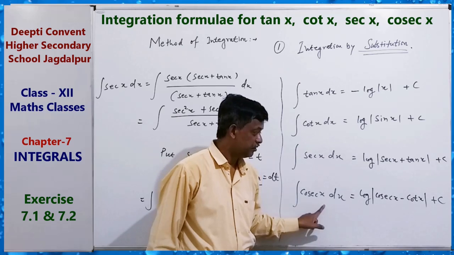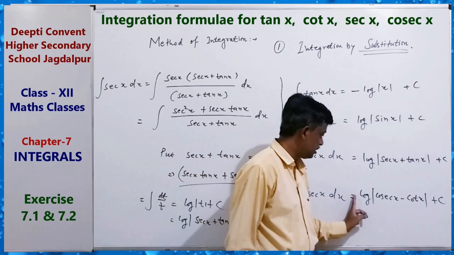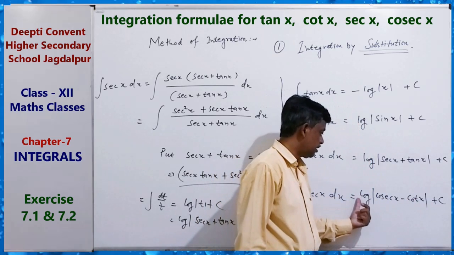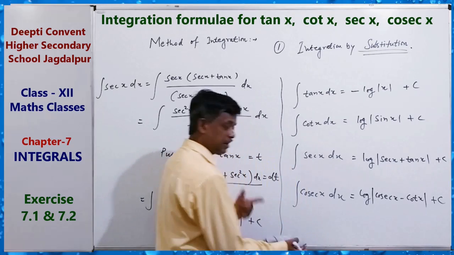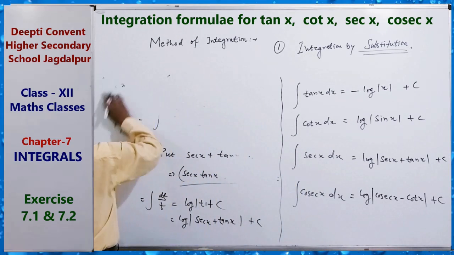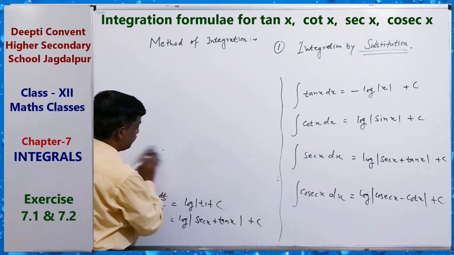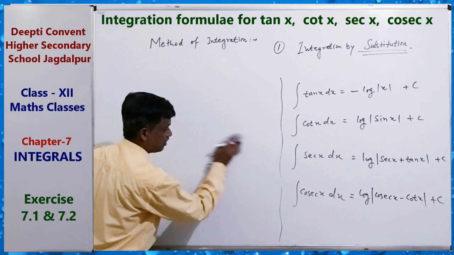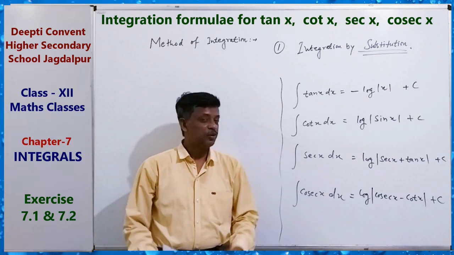Okay, so you can convert that value in terms of minus sign. So try it. Okay, so this is our remaining formula for trigonometric ratios of integration, tan, cot, cosec, sec. Also note down this formula.